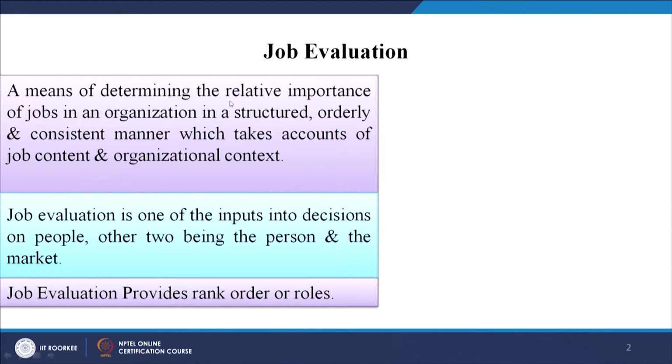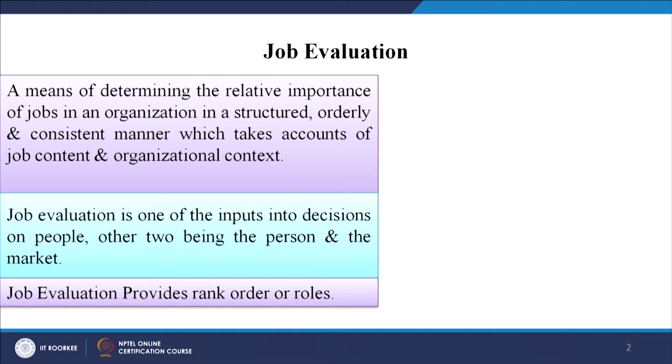In FMCG companies, marketing and sales jobs become very important. In the hospital industry, the doctor's job becomes very important. So, this is called the relative importance of the job.